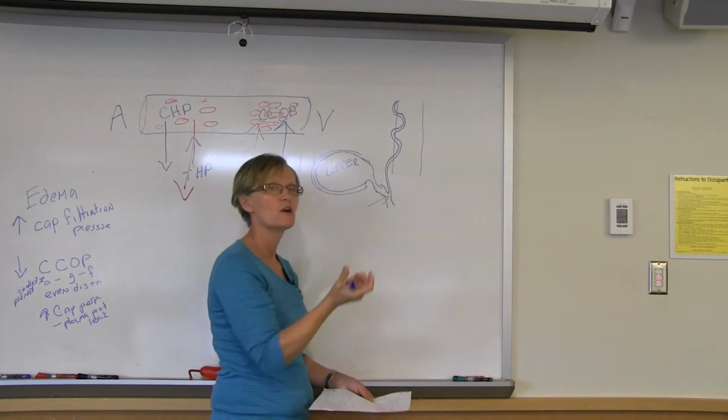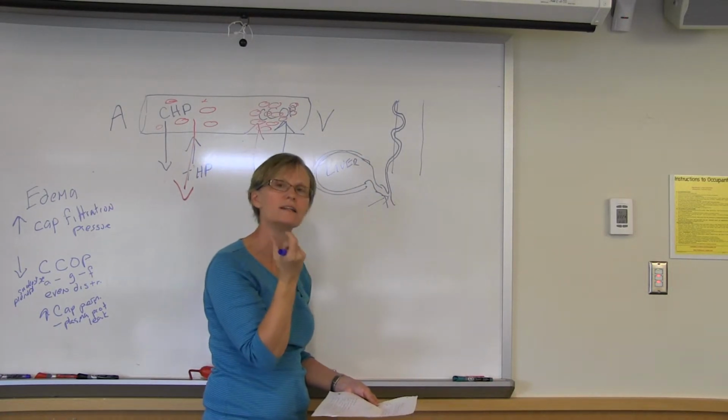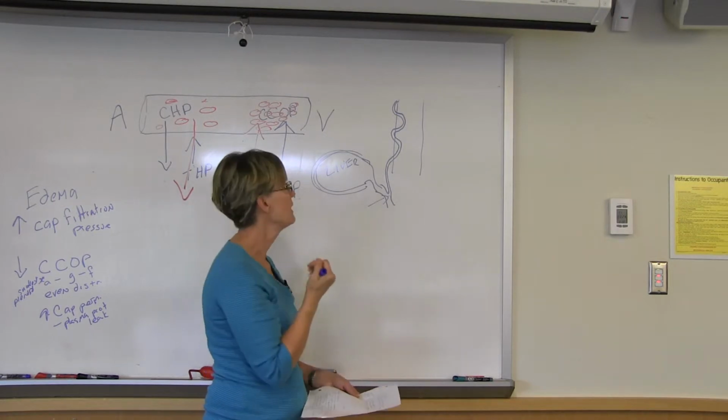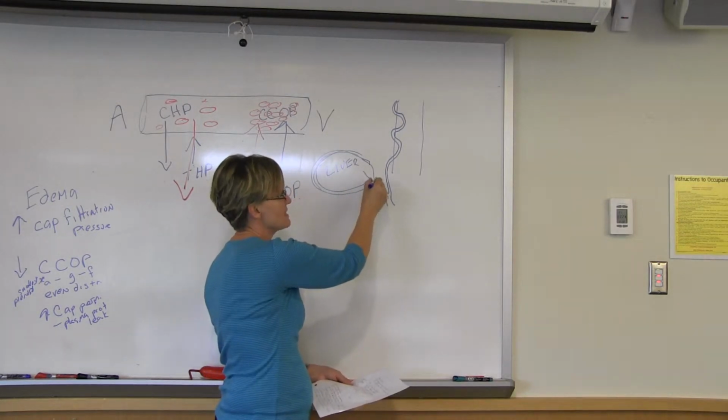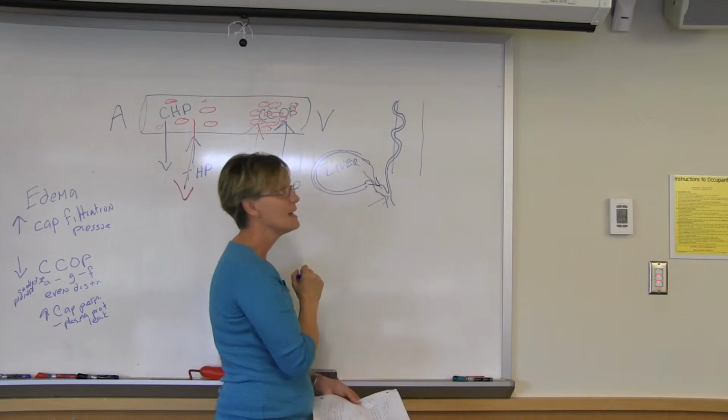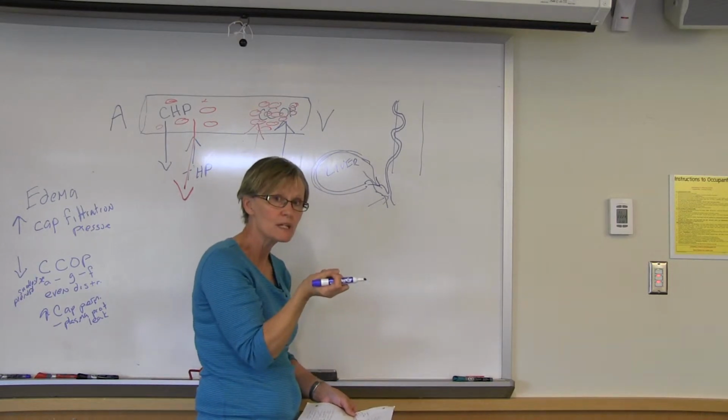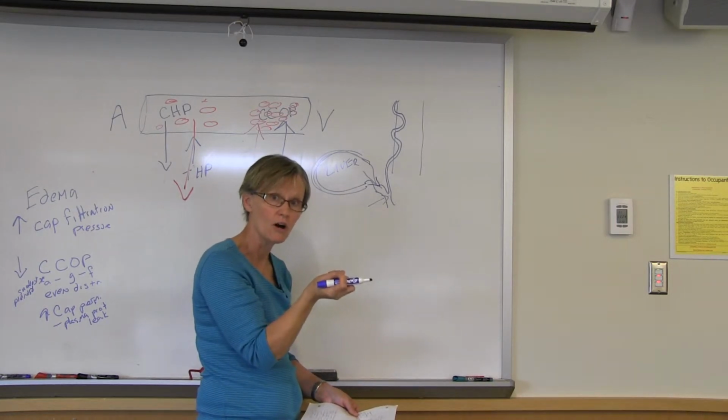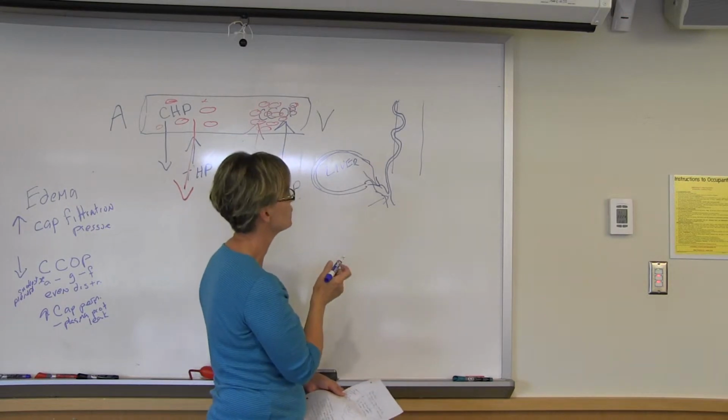Instead, we have a very small, hardened, cirrhotic liver, and it is resistant to blood flow. Okay, so if we take an organ and we shrink it down and we make it very fibrous and hard, it does not let in the blood flow that it should.